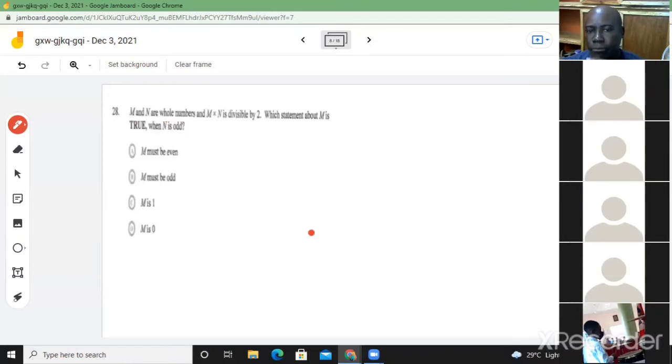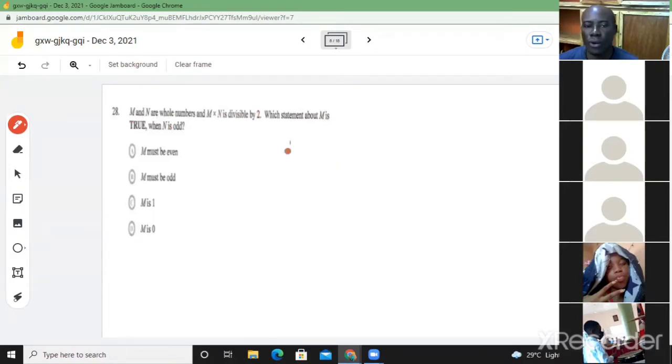All right, so now we're going to have to think, all right? We have a number of things that we want to think about. It says M and N are whole numbers, and M times N is divisible by 2. They want to know which statement about M is true when N is already an odd number.